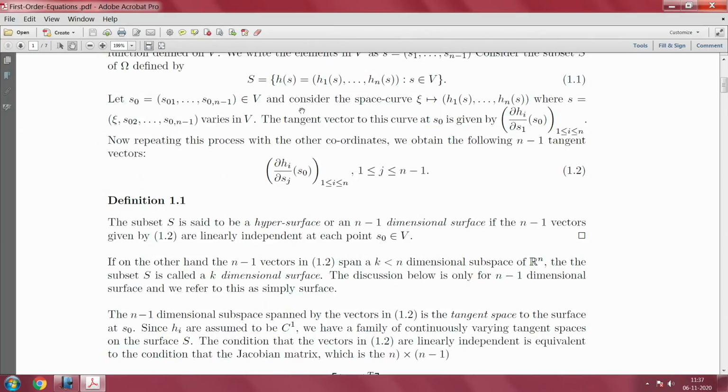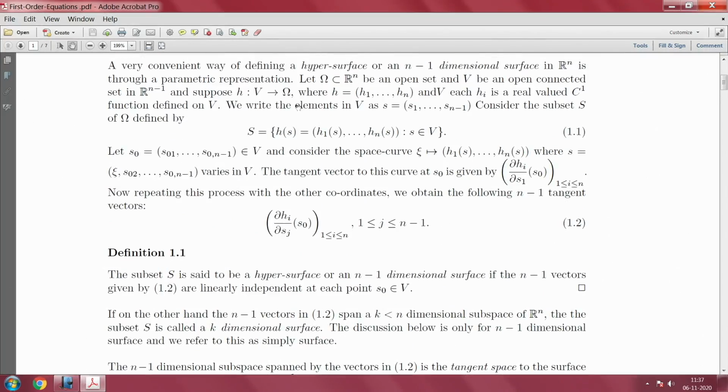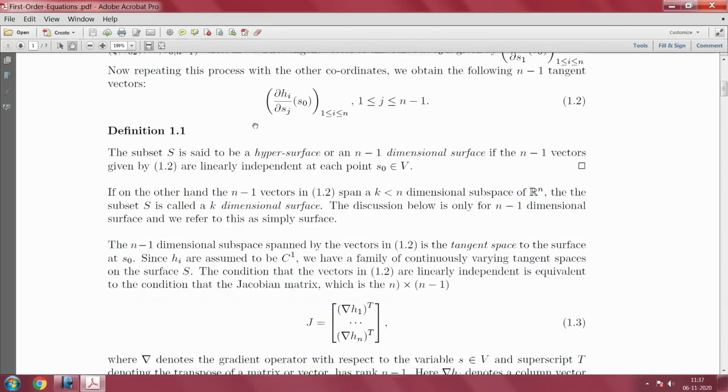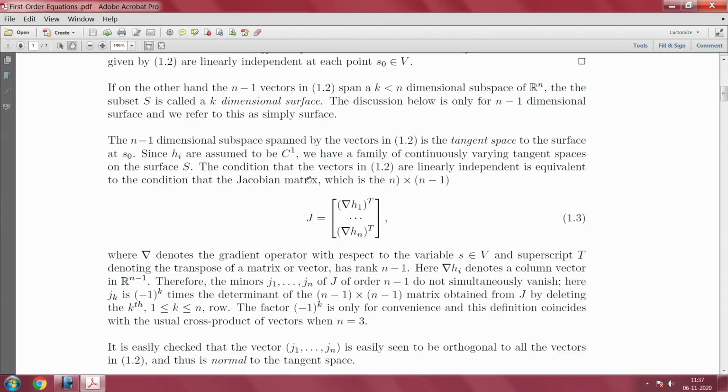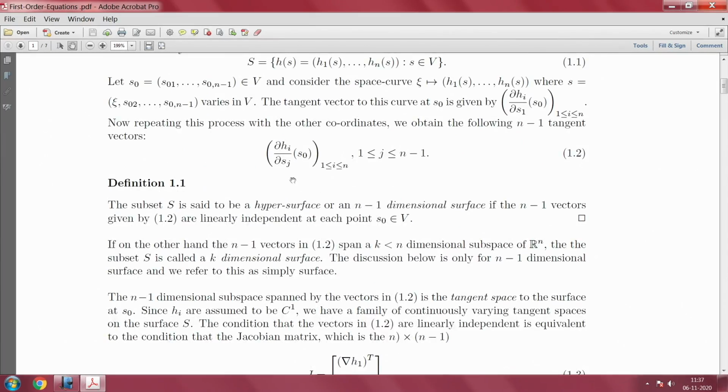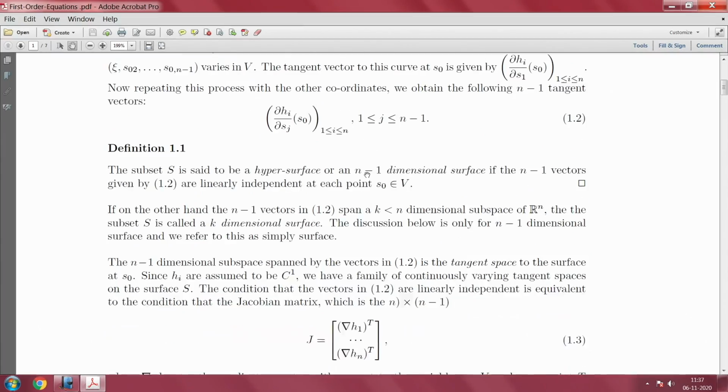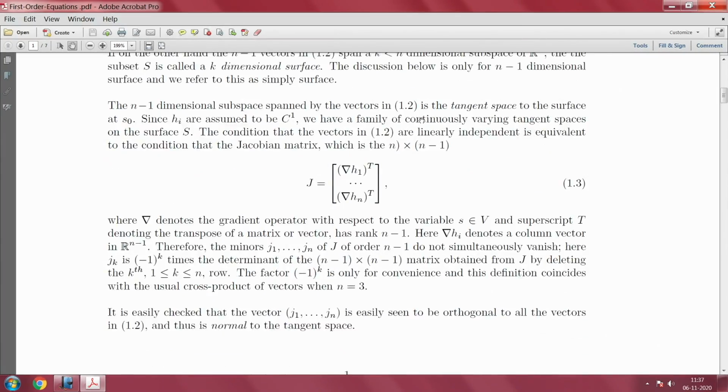They are the defining functions of the surface. You write them as rows. So, there are n rows and n minus 1 columns, because there are only n minus 1 derivatives, S 1, S 2, S n minus 1.